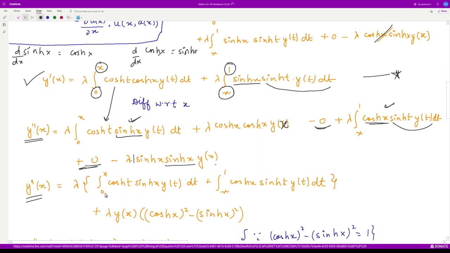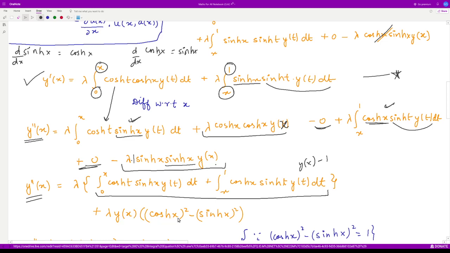So you see, in place of all this, we'll write y of x minus 1, right? And clubbing these two terms, this term and this term, we have lambda y of x common. So we are left with cosh squared x minus sinh squared x, and that is equal to 1.